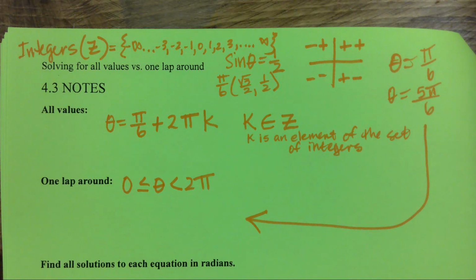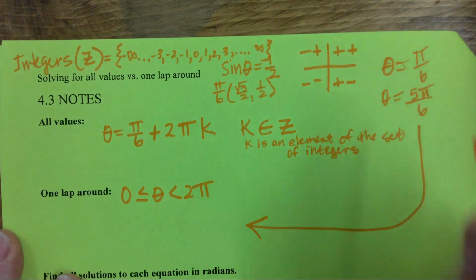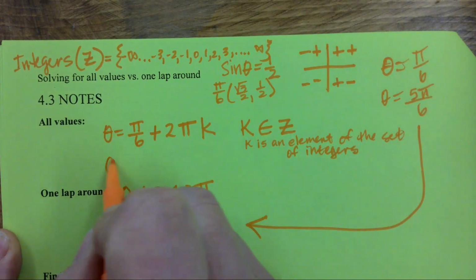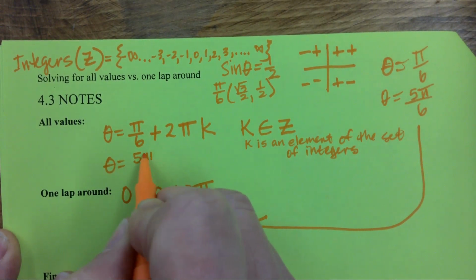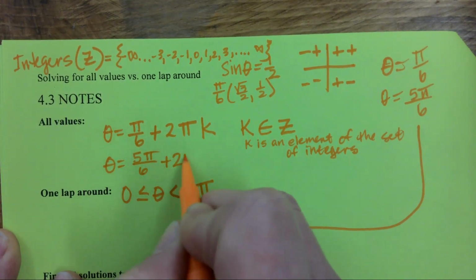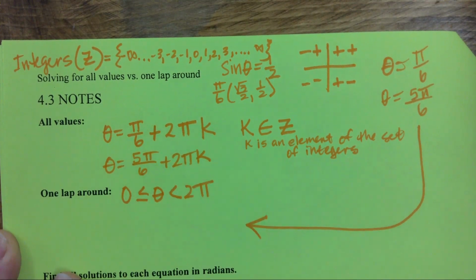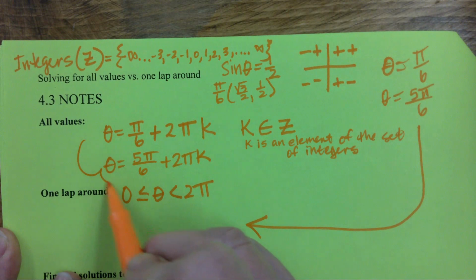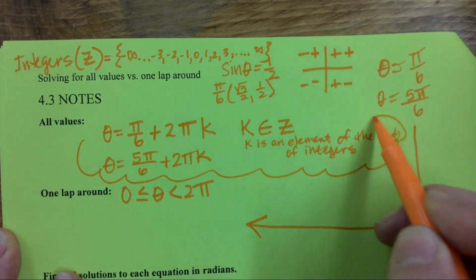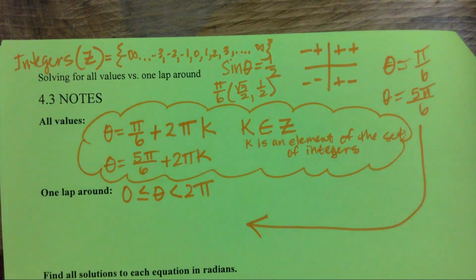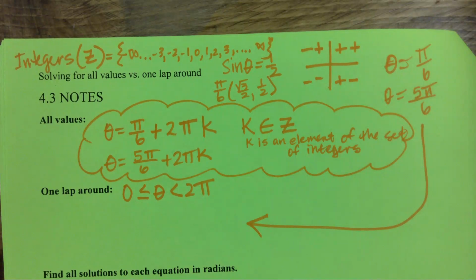Now I want to remember that my other value that we got for this was 5 pi over 6, and I do the same thing for that. I only need to write the k as an element of the integers. So I am going through the process of solving the same way.